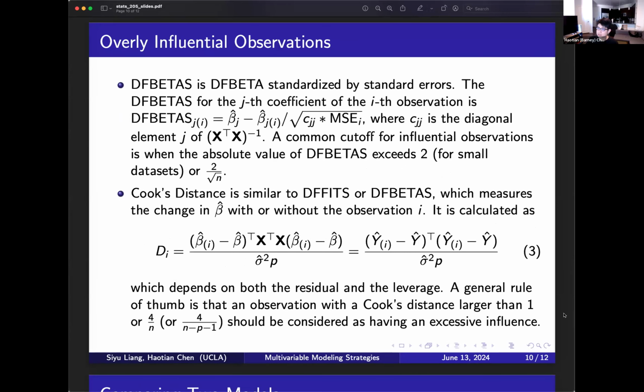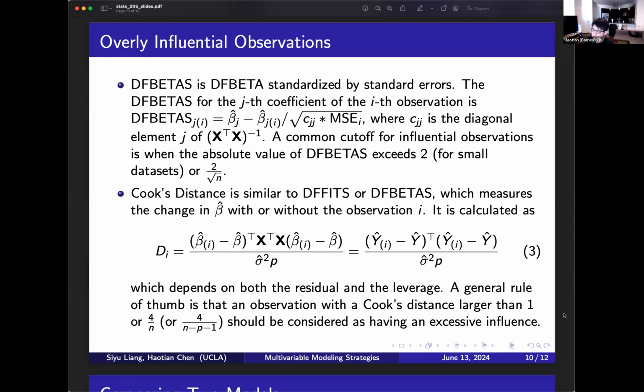Similarly, you have the DFBETAS, which is the difference in the betas upon removing observation i, standardized by the SEs. For that, a commonly recommended cutoff is 2 for small data sets, or 2/√n.